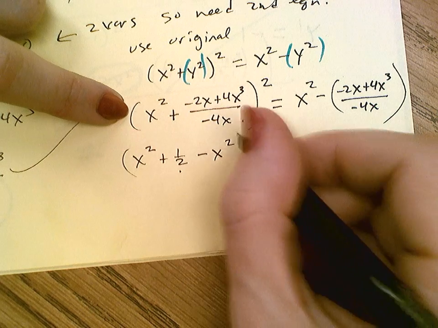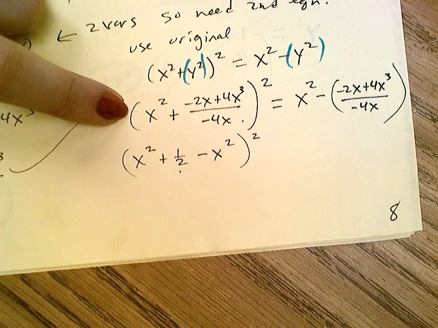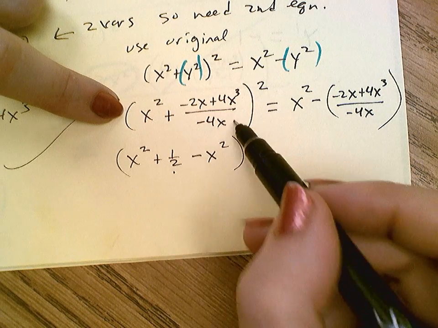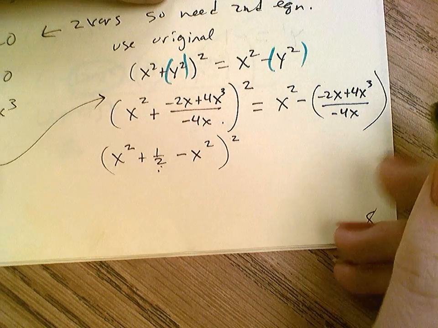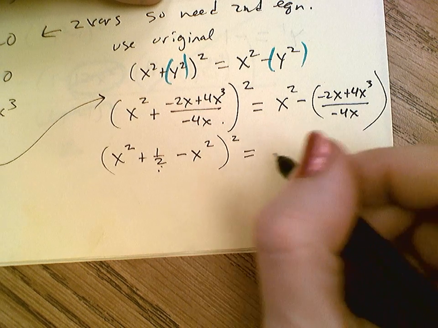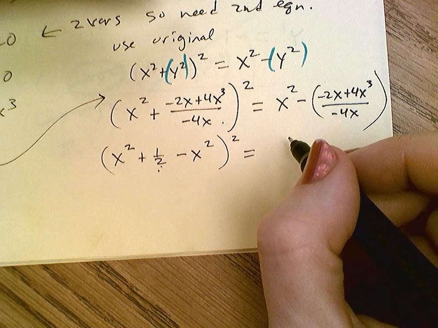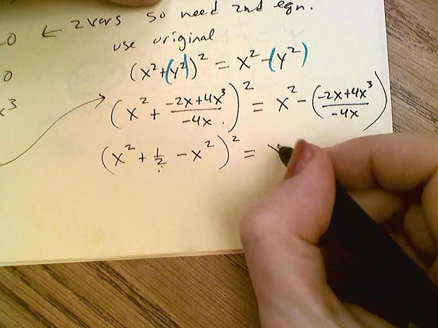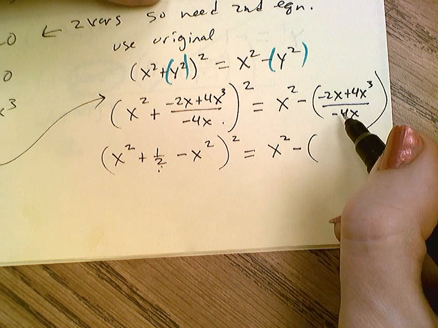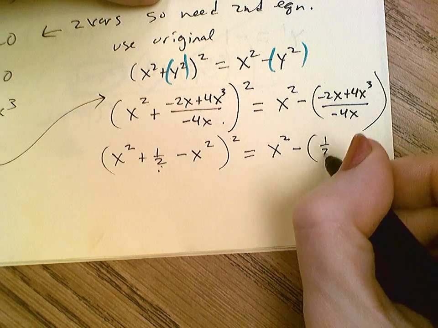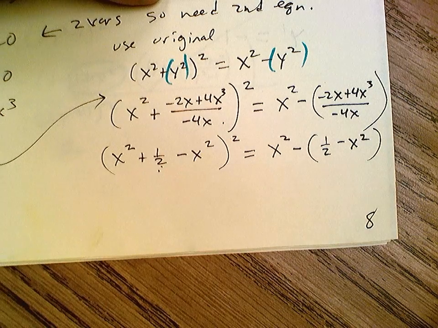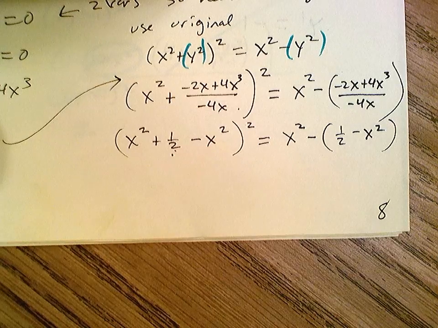If that doesn't make sense to you guys, you should pause and try to figure that out. So this becomes (1/2 minus x squared) squared, thank goodness, equals x squared minus, because this is the same thing, minus x squared. Oh, good, this is turning out nice, actually.